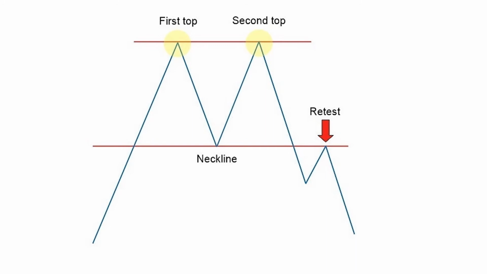The pullback approach is great if you've missed the initial breakout. You can confirm a pullback if the price forms a reversal candlestick pattern at the previous broken neckline. This could be a bearish engulfing at this level here, at the retest.